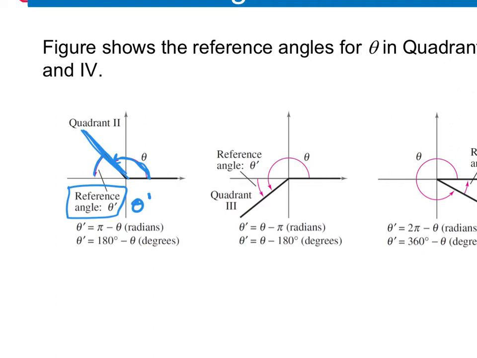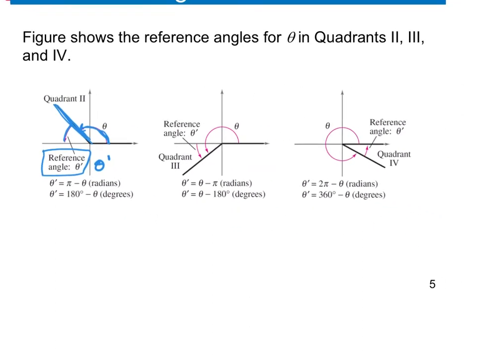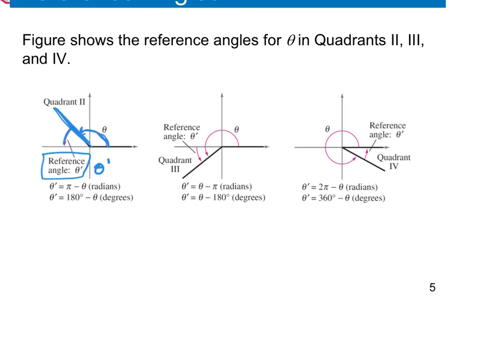So this is our reference angle. In quadrant 3, our reference angle again goes from the horizontal line to the terminal side. So this is our reference angle. And then in quadrant 4, we go from our terminal side to our horizontal line. So this is our reference angle.